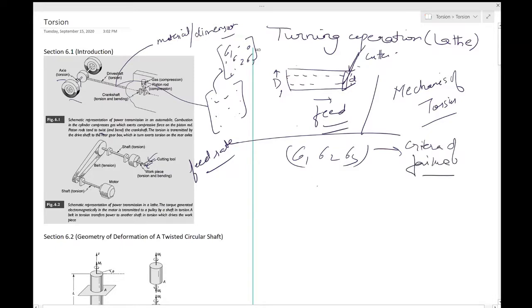Our job in this particular course is to arrive at a state of stress so that this can be found out. So we want to find this for twisting or torsion. That is a good sort of motivation for torsion.